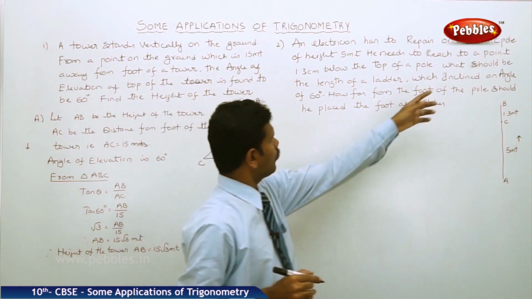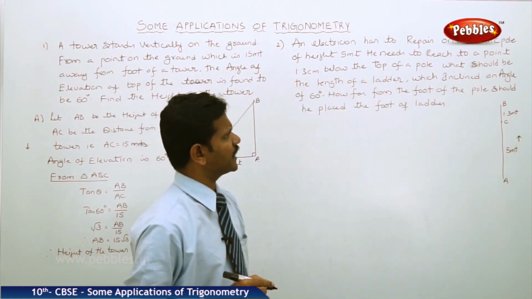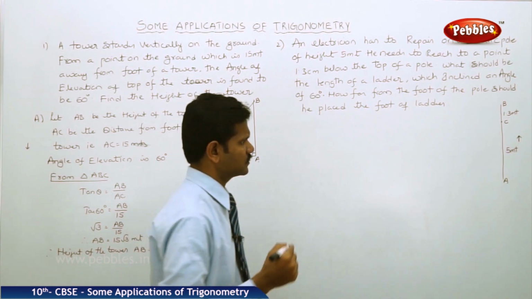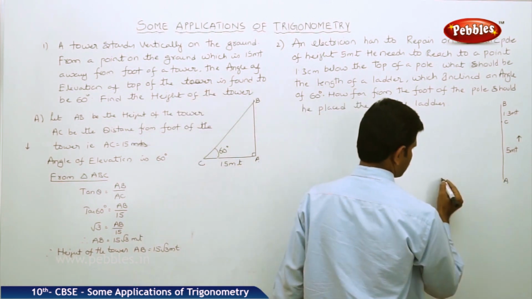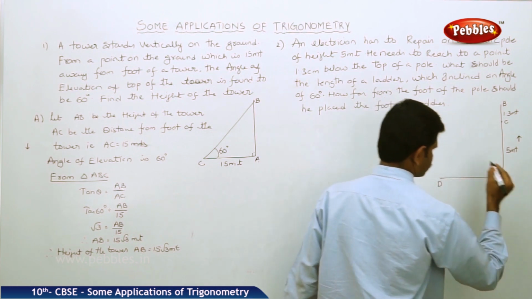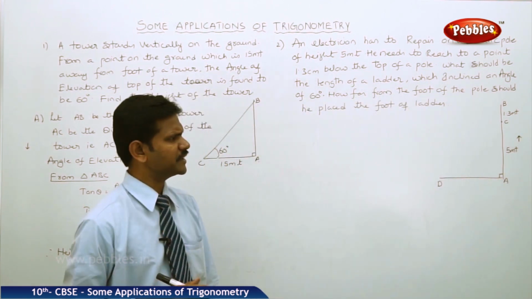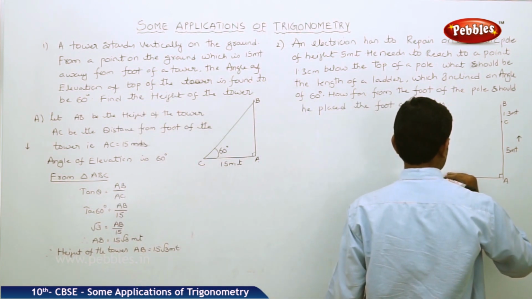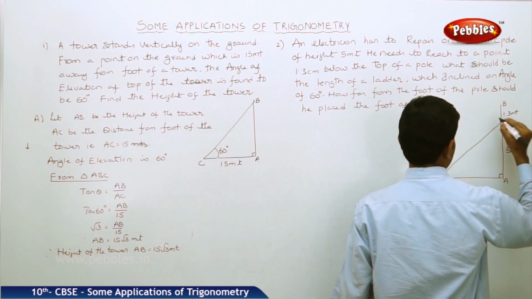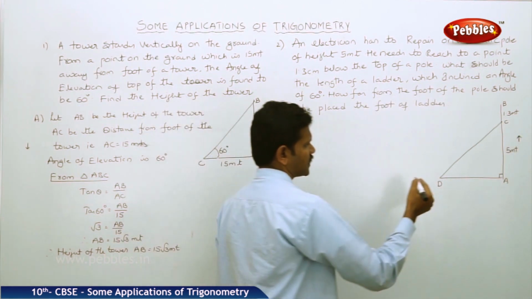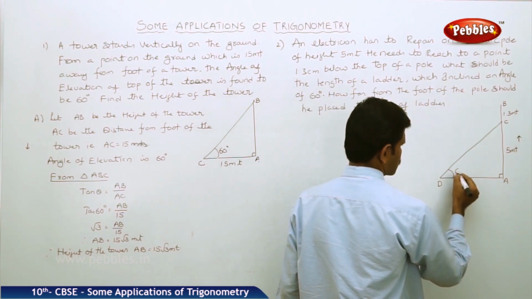Now what should be the length of the ladder which is inclined at an angle of 60 degrees? Let D be the position of the ladder which makes an angle of 90 degrees with the base. Now the ladder is supported at the point C and is also making an angle of 60 degrees.